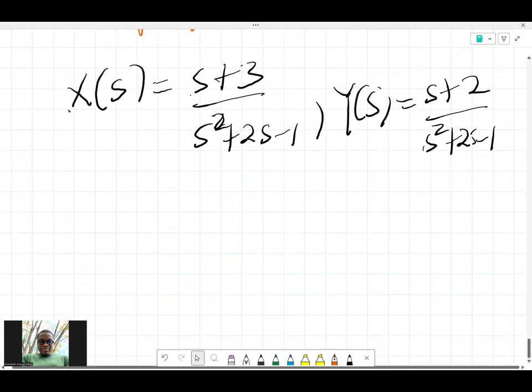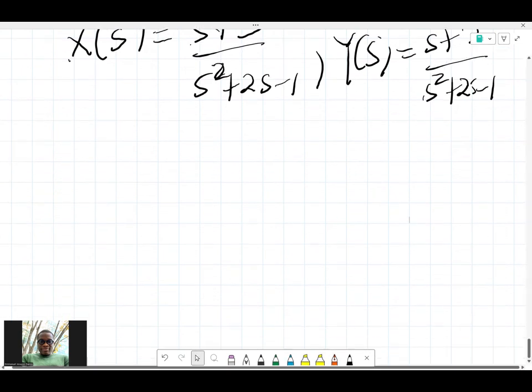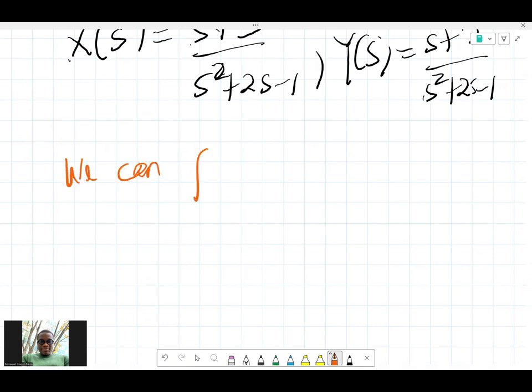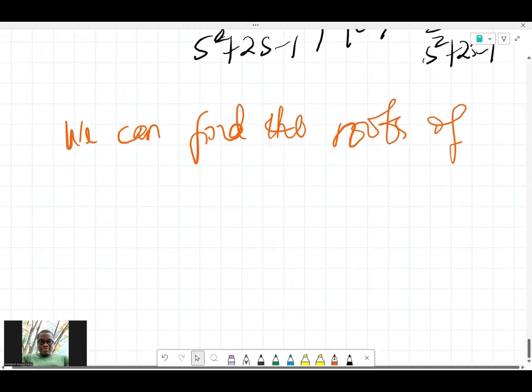If you look at the denominator, it doesn't look like something that can be easily factorized. But then we can always find a way, right? Because we can find the roots of s squared plus 2s minus 1 equals 0.